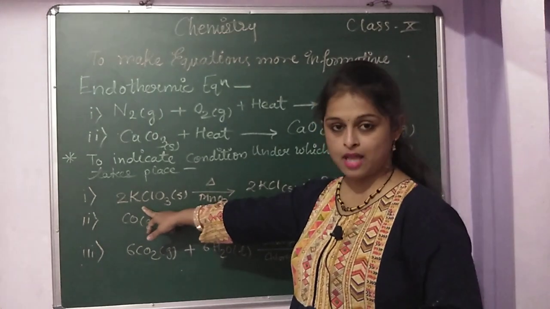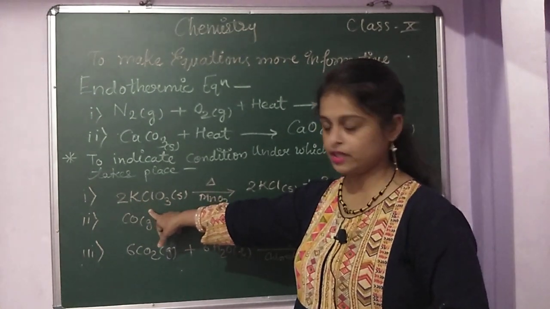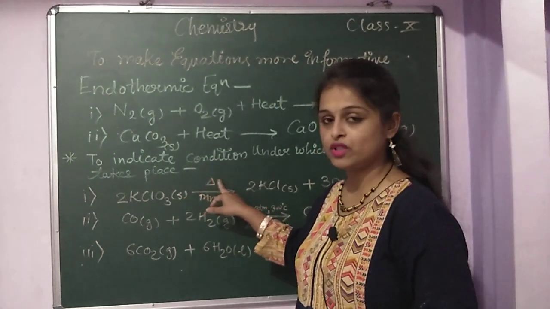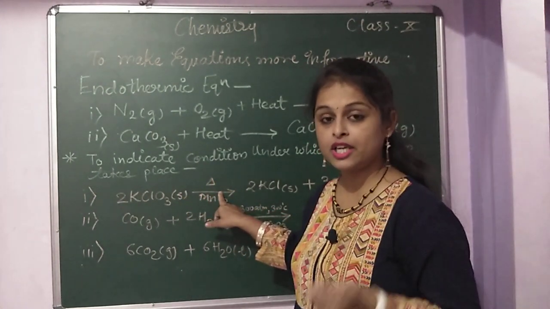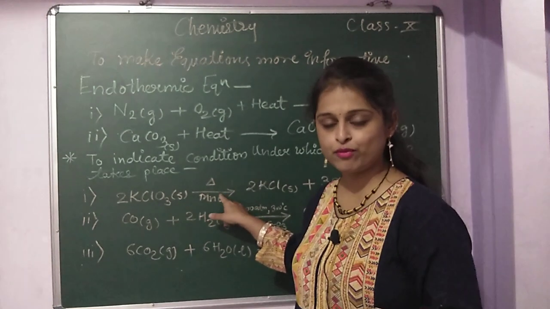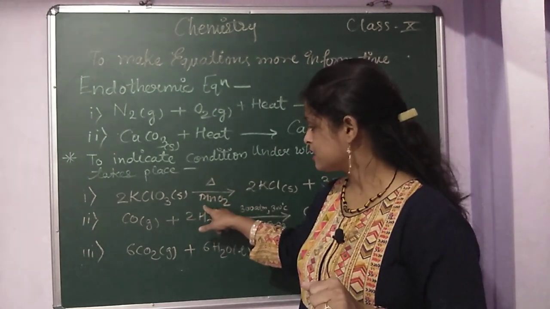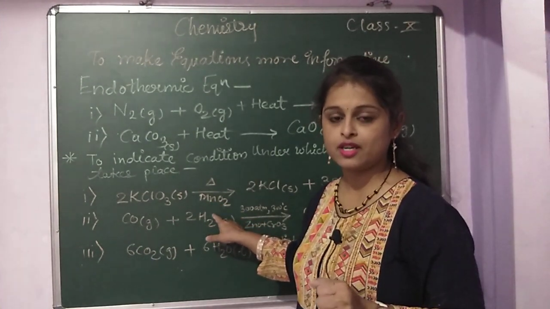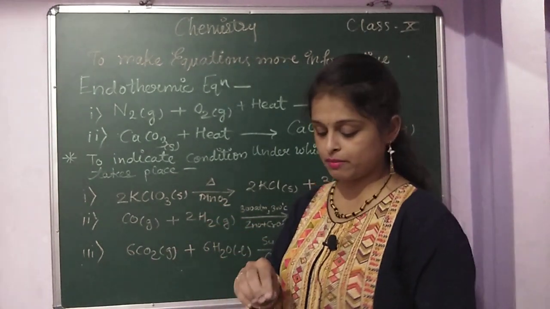Here is an example, that is potassium chlorate. It is given, it is in a solid form. Now this is the symbol of delta. This delta means heat. Delta stands for heat, and this manganese dioxide is present here as a catalyst. Now what do you mean by the catalyst?